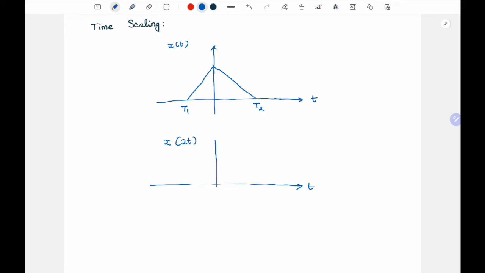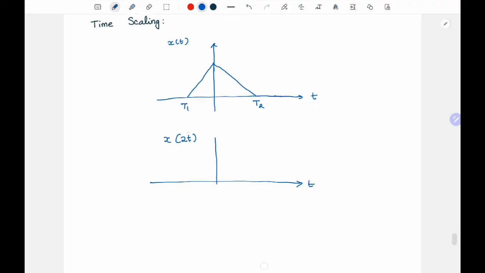Whatever happens at 2t here should happen at t in x of t, right? So whatever happens at t here should happen at t by 2 in x of t, right? So if here it is t1, then where will it be for x of 2t? It should be at t1 by 2, right?